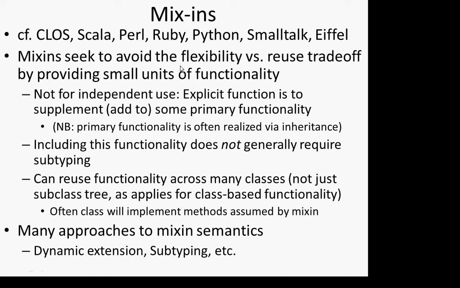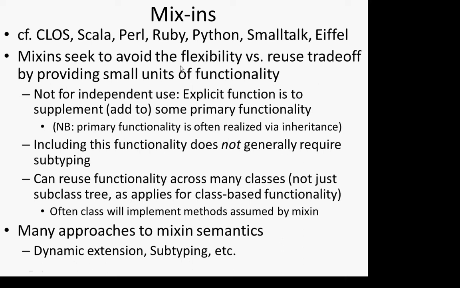So the idea is that there are these little bits, these little nuggets, these little chunks that you're going to mix in with your class to provide certain types of functionality. And you'll build your class up with one or more of these, potentially, if you want to make use of them. And those will add little bits of functionality to your class.